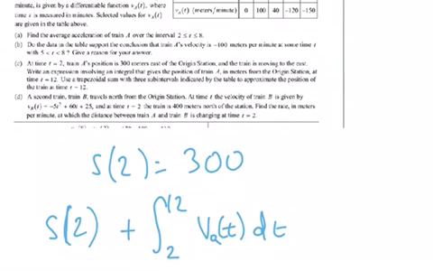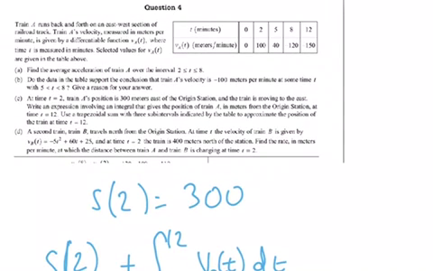Alright, so now we have to figure this out using trapezoidal sums. Remember, a trapezoid is 1/2 times base 1 plus base 2, times the height. We're going from 2 to 12, so I'm going to take these values. The difference between these two values is 3, which is going to be the height. And then we add this and this.